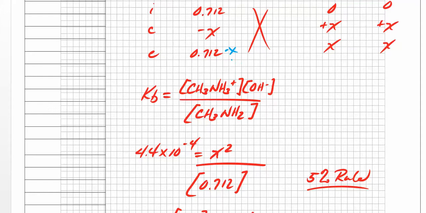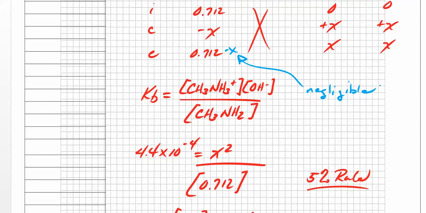Well, here's why. Because on the AP exam, that x is going to almost certainly, and I would almost say with absolute certainty, be what we call negligible. Let me write that. Negligible. I think that's the correct spelling. I hope so.